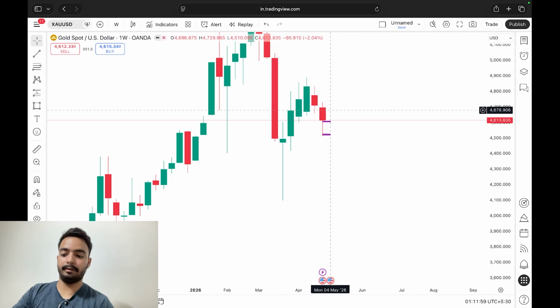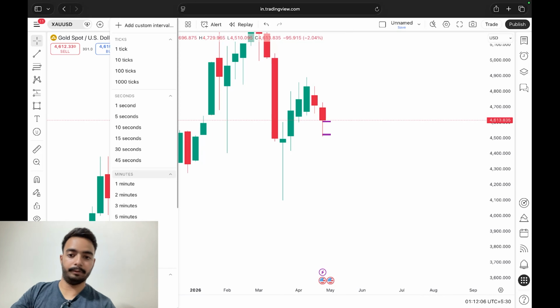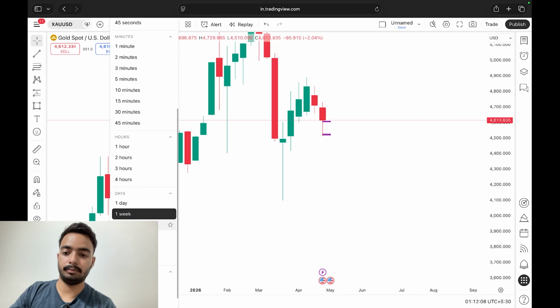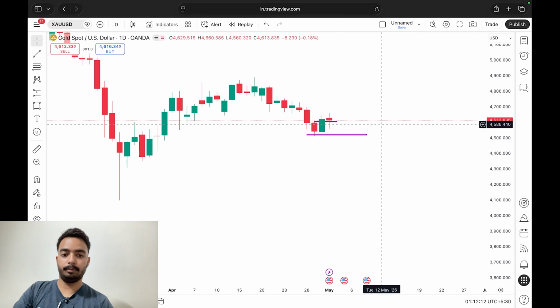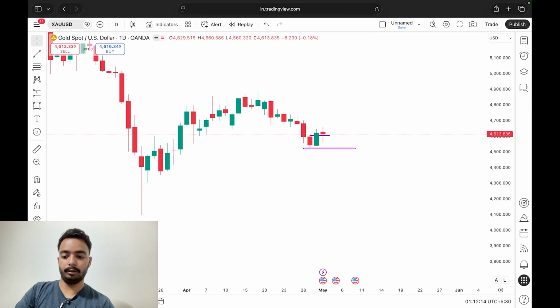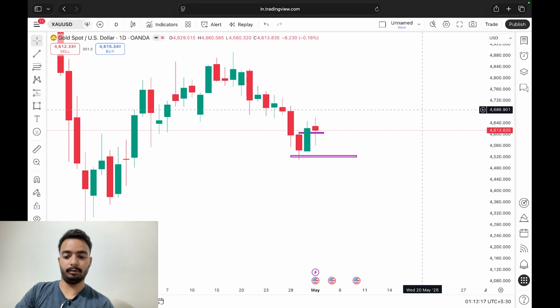This indicates that selling pressure is active at this level. Now, if we switch to the daily time frame, we have a bullish engulfing candle inside the supply zone, which adds confirmation.